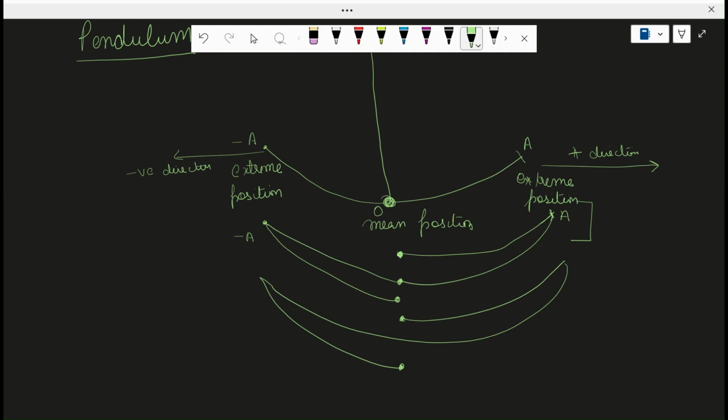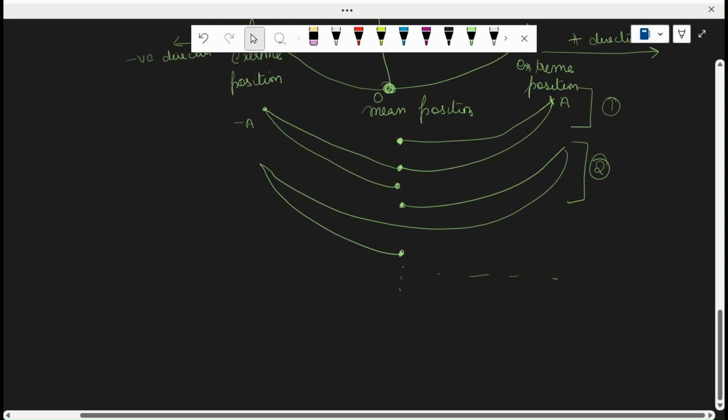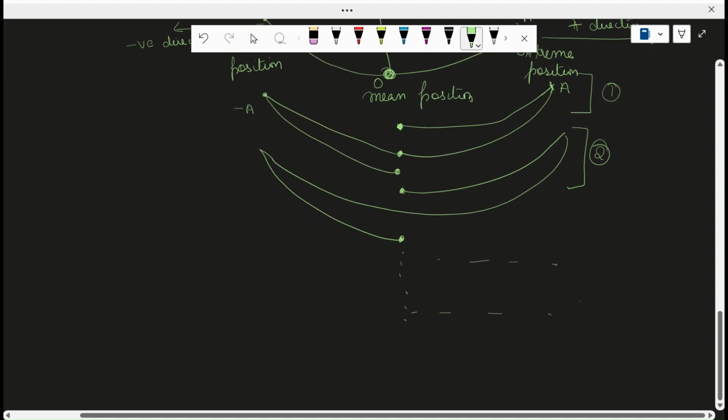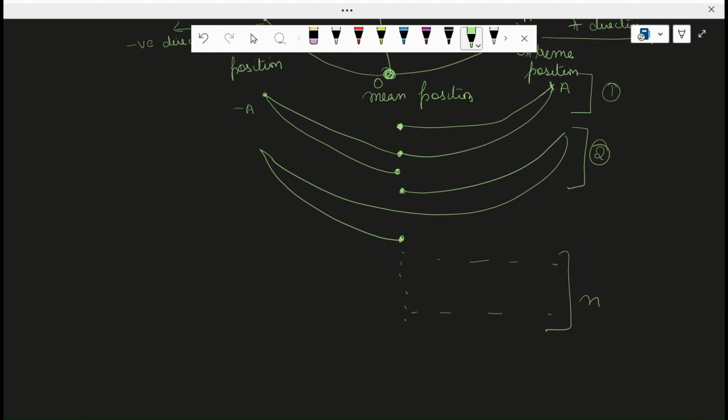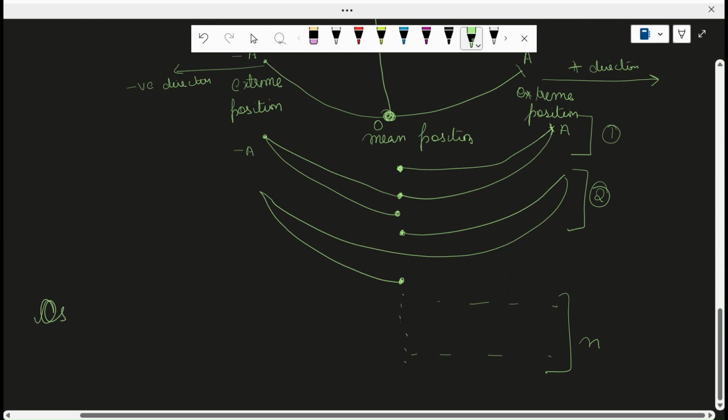So this is one complete oscillation. Why am I naming it oscillation? Because we may have one cycle, two cycles, then some n number of cycles. So these cycles are also known as oscillations, right?